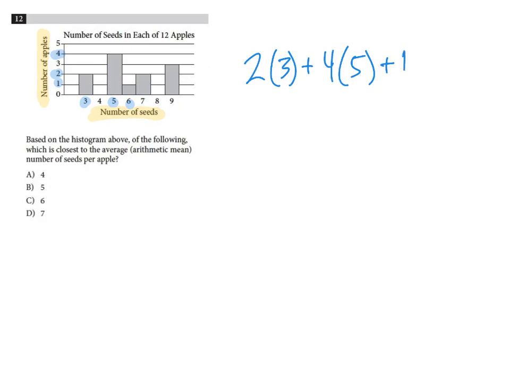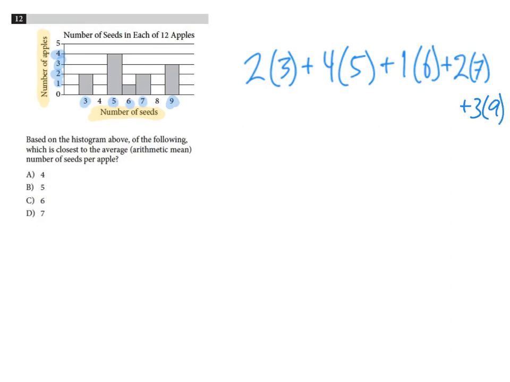And then, again, there are 2 apples with 7 seeds. Gonna have to squeeze this in there. It's okay. And finally, we see that there are 3 apples with 9 seeds. So plus 3 apples with 9 seeds.